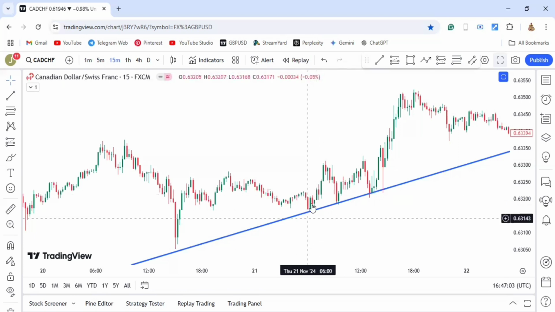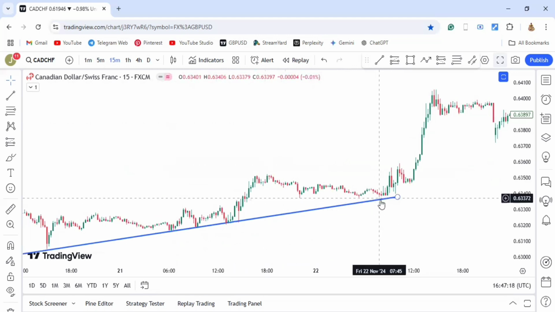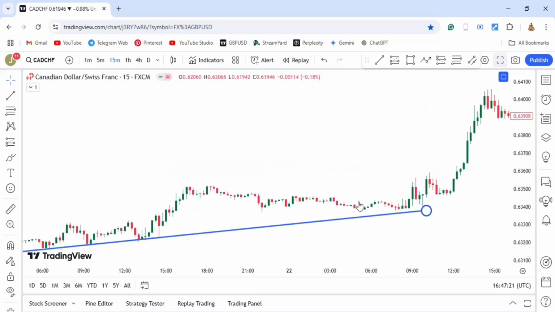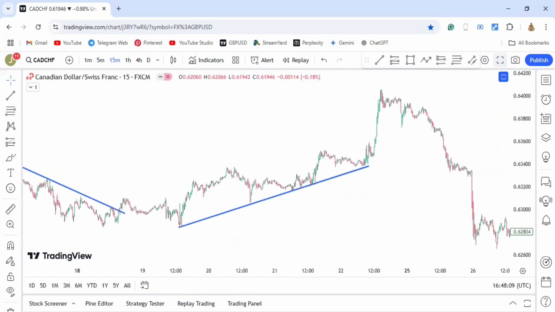So let's ride on. Once you spot a reversal pattern here, you will now enter for a buy. And you can see that anytime that price touches this line and it creates a reversal pattern, you go in. A trend line in general is just like an imaginary diagonal resistance point.